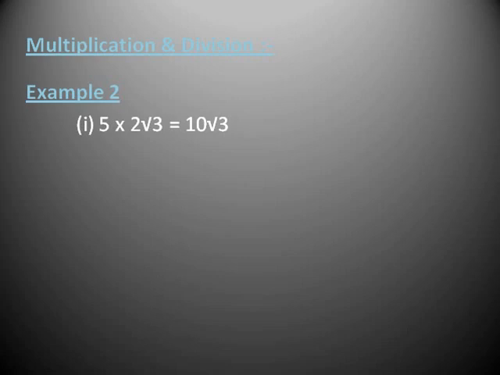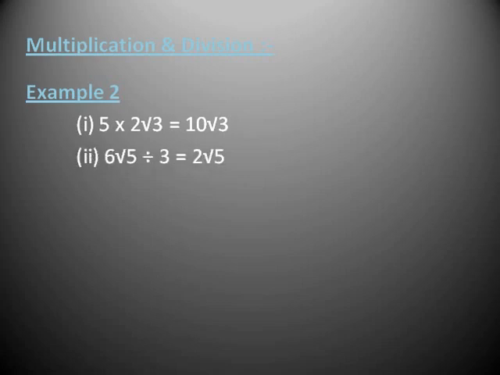Point to be noted here that we cannot multiply 10 and 3 here because 3 is inside the square root, so sometimes we have observed that students commit the mistake of multiplying 10 into 3 and writing square root 30, which will be wrong, so please take care of this.